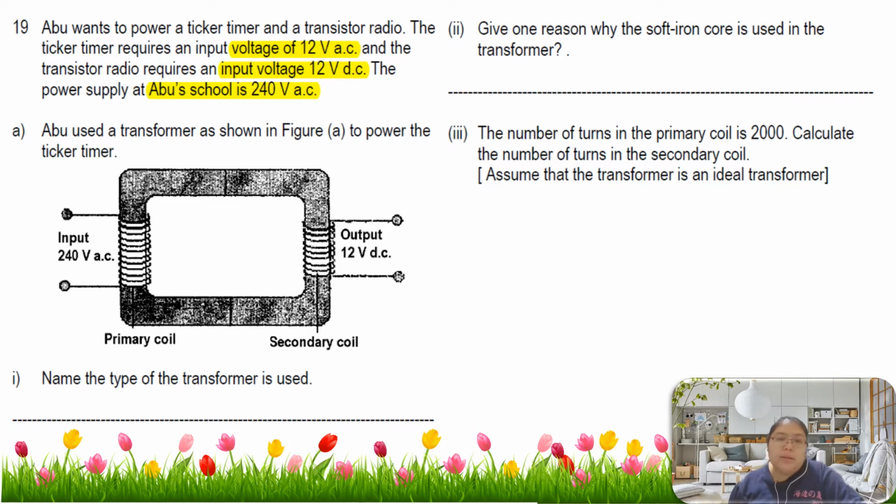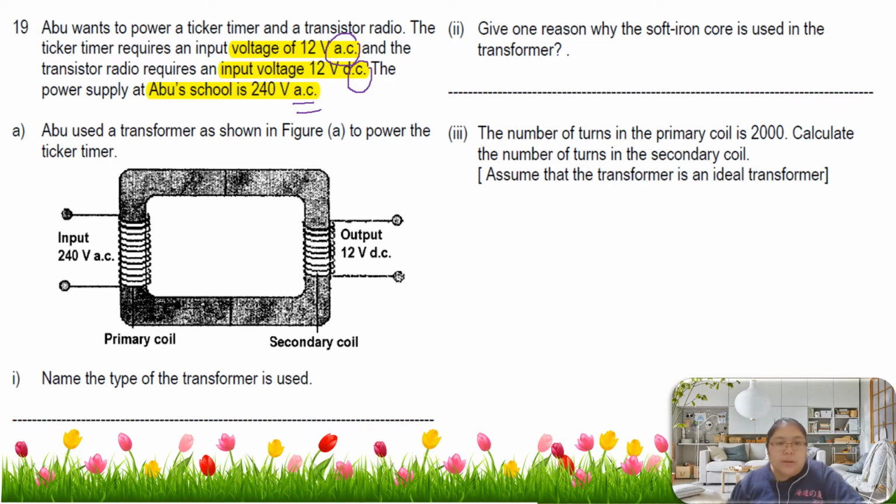So one difference here is that one is AC, the other is DC. From here, the power supply from Abu's school is AC, 240 V AC.